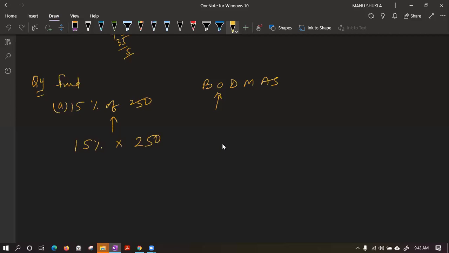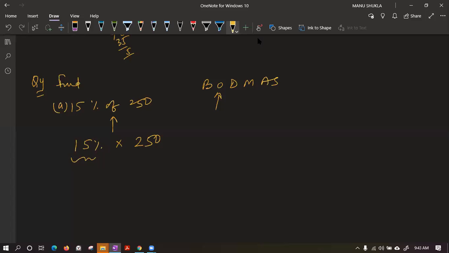250. Now tell me, class, we have learned to find percentage, we multiply with 100. But what if percentage is given to you already? Then what will you do? Please tell me. If percentage is directly given to you in the question, you will divide by 100. Very good.